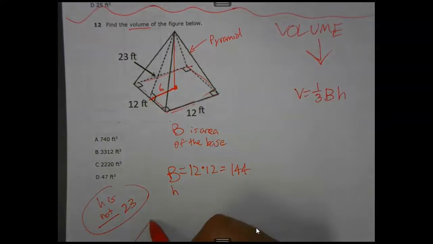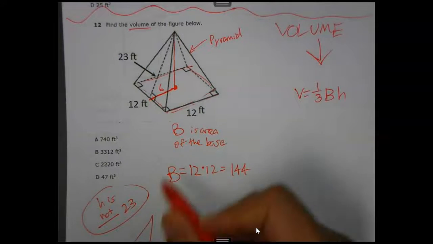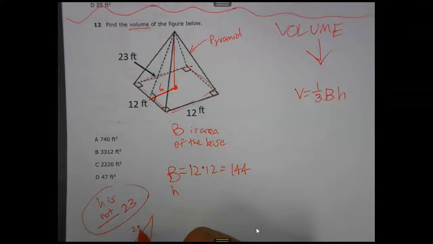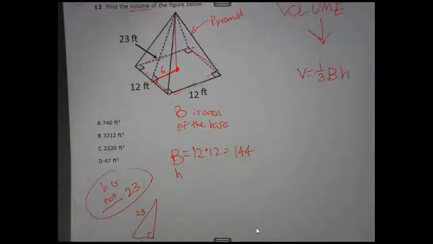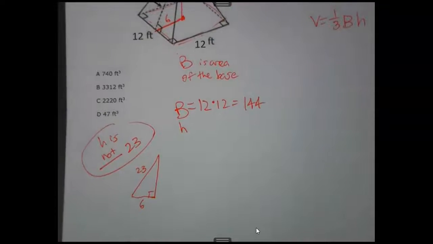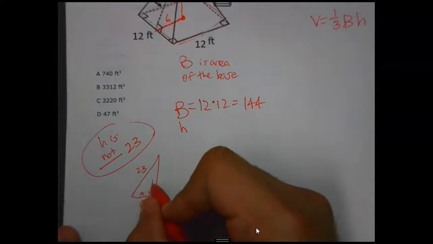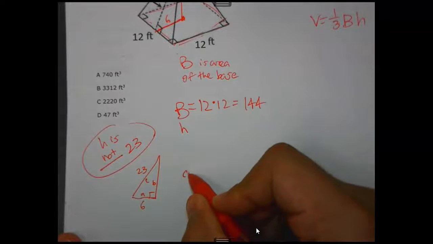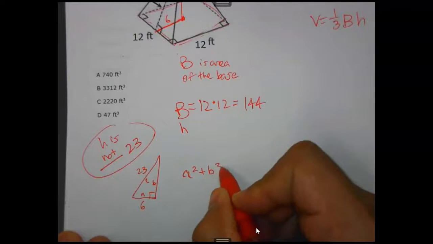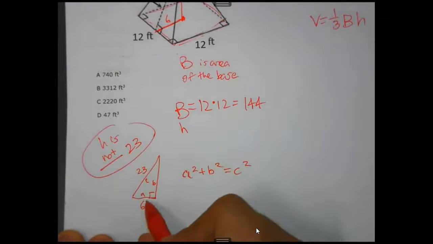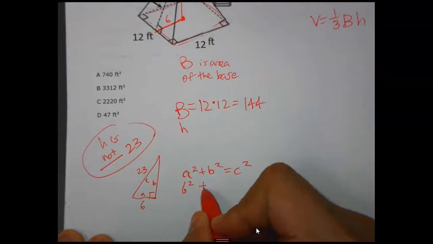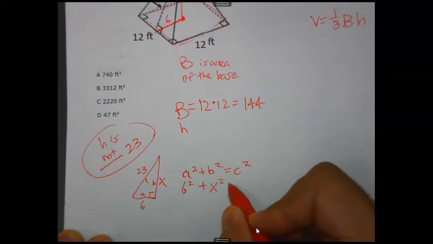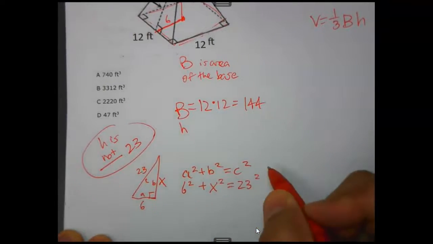So let's think of our right triangle down here, 6 on the bottom, 23 on the slant. This would be A, B, and C in the Pythagorean theorem. A squared plus B squared equals C squared. 6 squared plus, call it X squared, equals 23 squared.